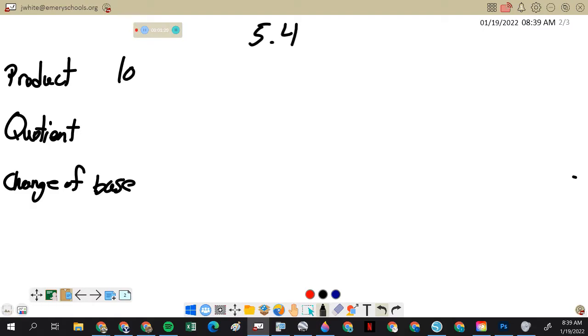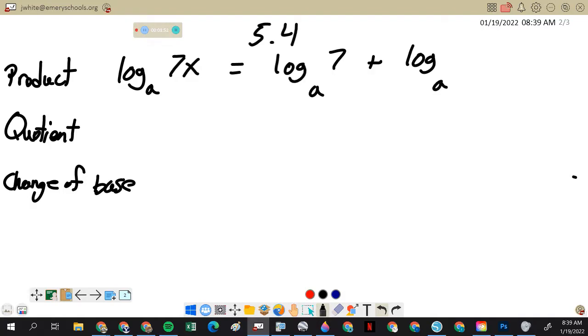So if I have log base A of 7x, here I have log base A of 7x. That is exactly the same thing as log base A of 7 plus log base A of x.